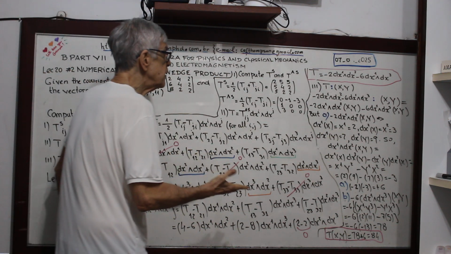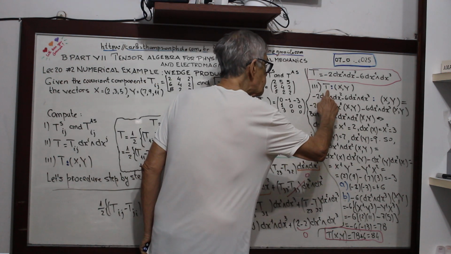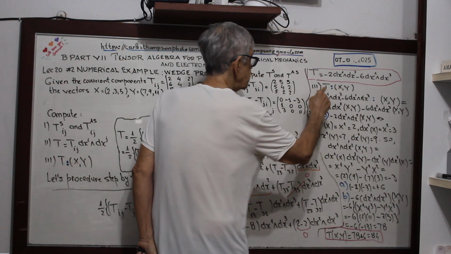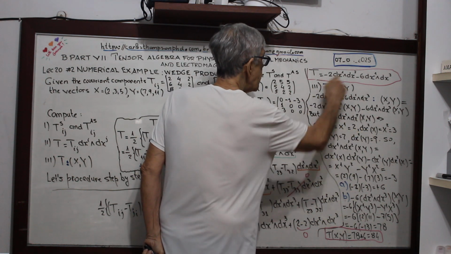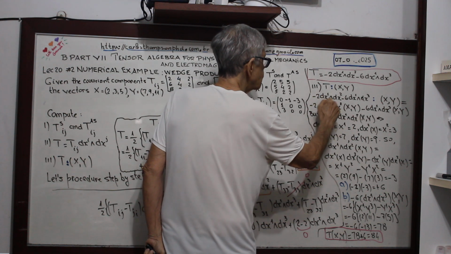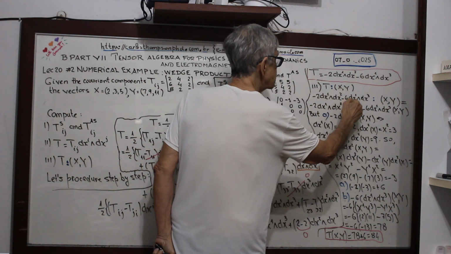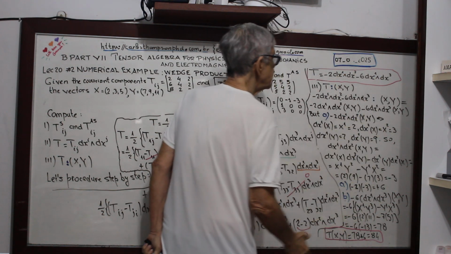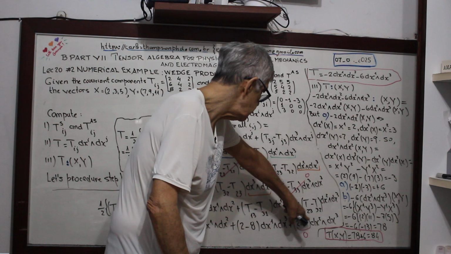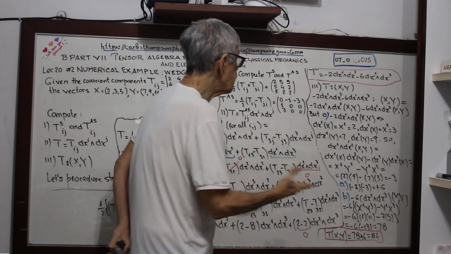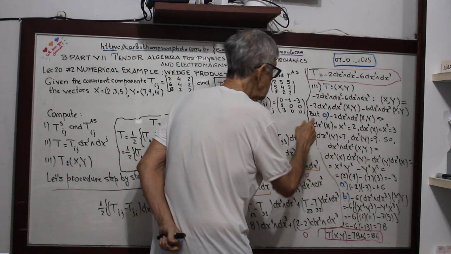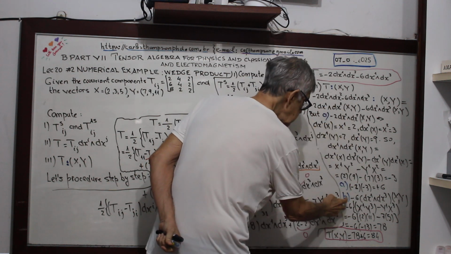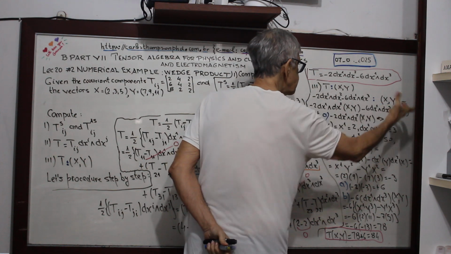Now item 3. Then there's a map. We act on the vectors x and y. Attention, the map is just minus 2 dx1 dx2 minus 6 dx1 dx3 plus 0 dx2 dx3, as I wrote over here. So let's apply it. Item A, I use this term. Item B, I develop this term.